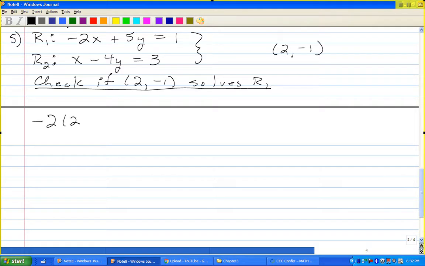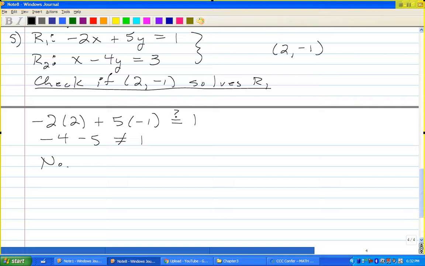Negative 2x plus 5y, is that equal to 1? So let's check. Negative 4 minus 5 is not equal to 1. So automatically I know it's not a solution.